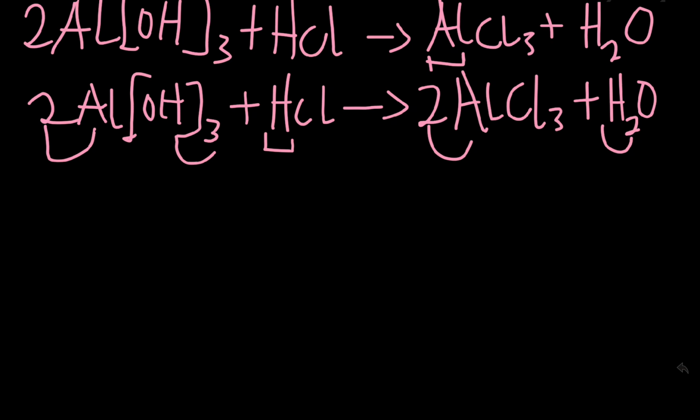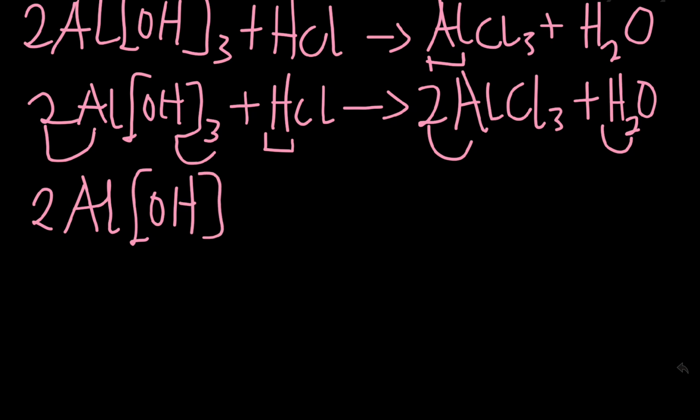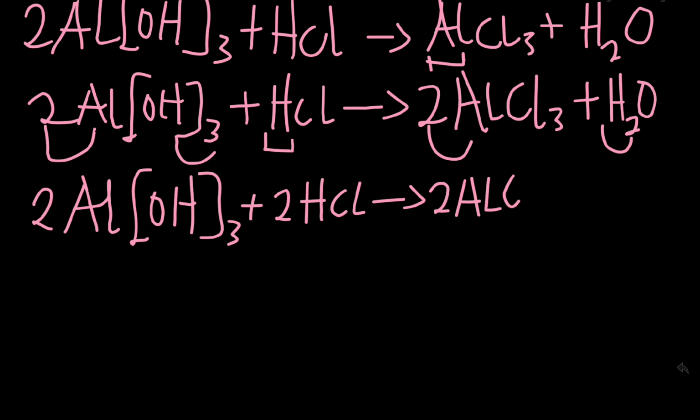So I could introduce, we could say 2Al(OH)3. I could introduce, let's say, 2 here, HCl, giving us 2AlCl3 plus H2O.